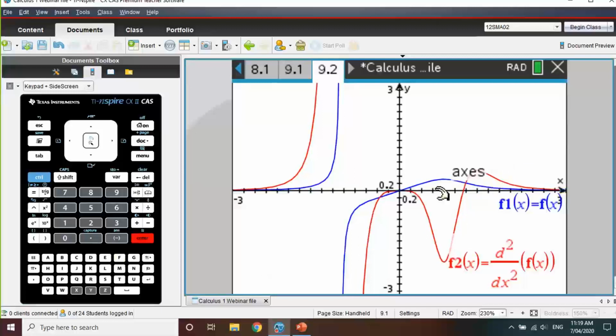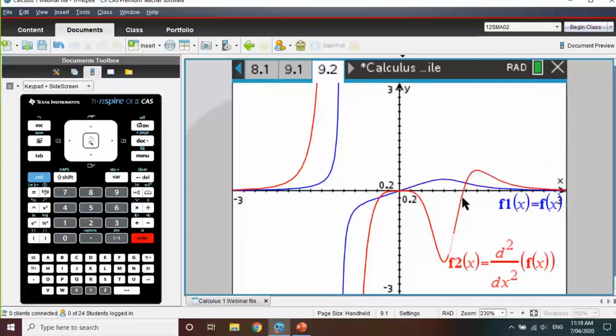So we can see from our graph here that the second derivative is 0 at the origin, and there's another point here that we picked up before from our calculator page. However, at the origin, we can clearly see that either side, the second derivative is negative.